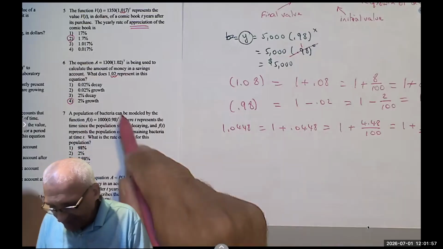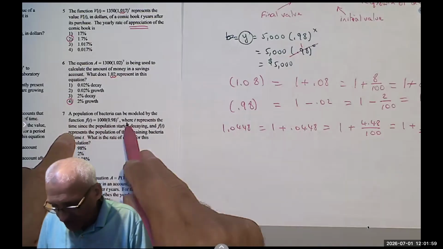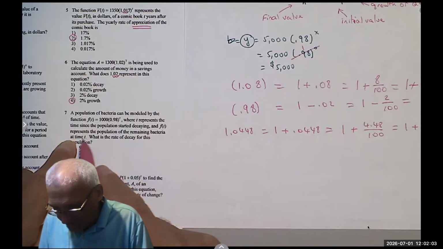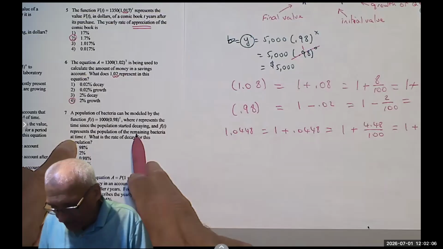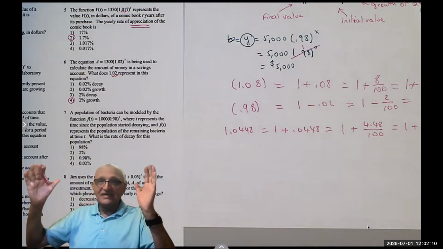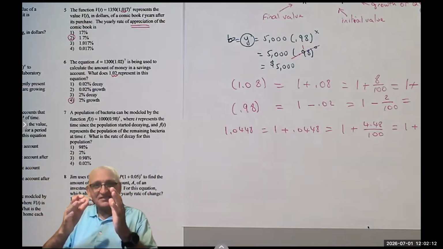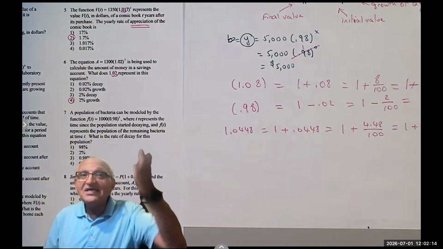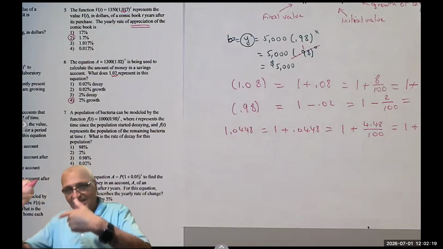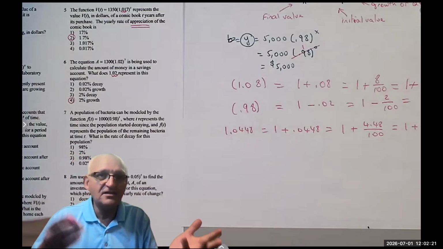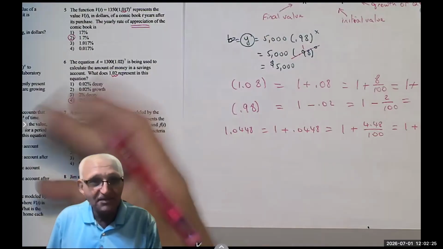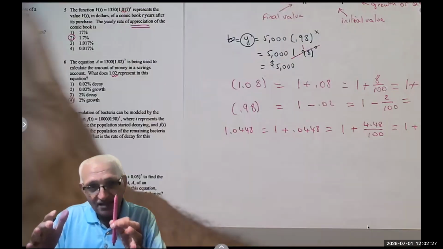A population of bacteria can be modeled by this function where t represents the time since the population started decaying and f of t represents the population of the remaining bacteria at time t, because that's decay. The number of bacteria luckily decreases. So the initial would be higher than the final. You see that? It's the opposite of the growth when the final would be greater than the initial. But here, hopefully, we are taking some medication or something, so the number of bacteria decreases.